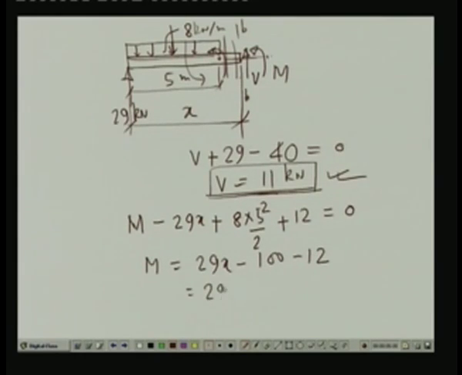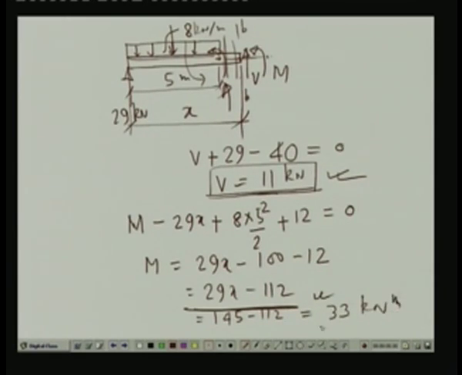So, this gives us a value of 29 x minus 112. Now, what happens here is that there is an immediate change in the value of the bending moment as we go from this end to this end, because we have a concentrated moment over here. So, if we substitute the value of x as 5, then this is equal to 145, and 145 minus 112, this is equal to 33 kilonewton meter.